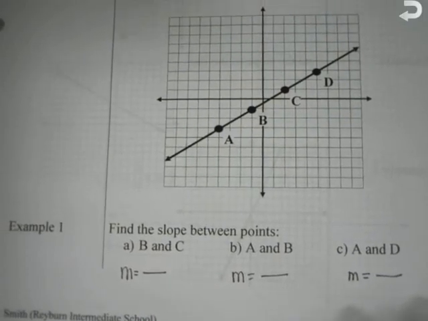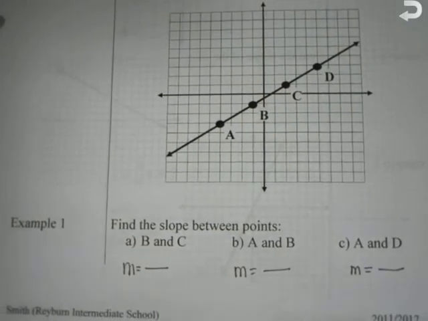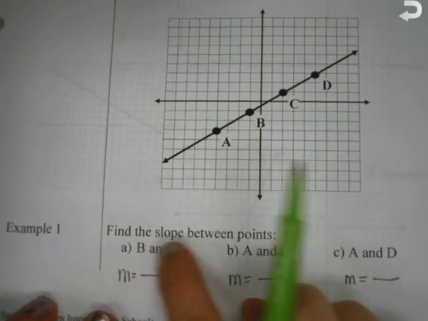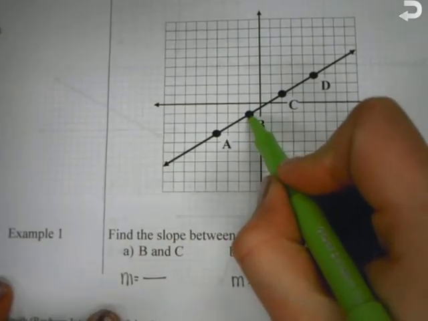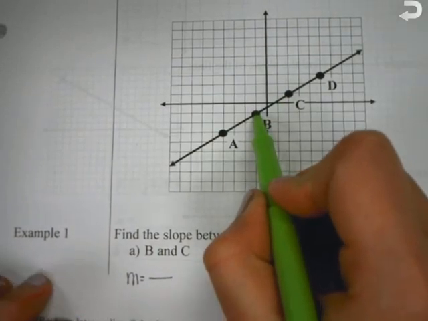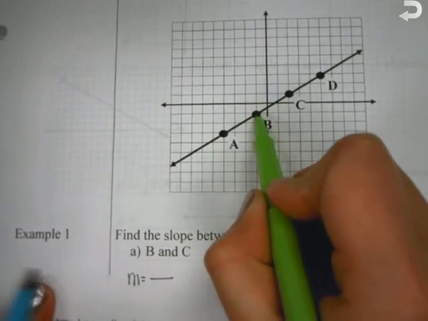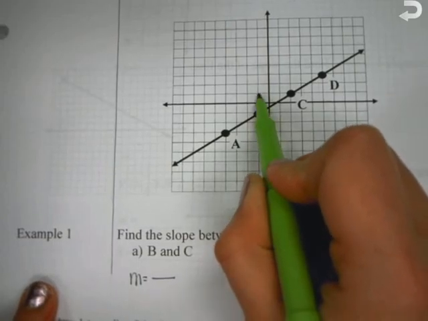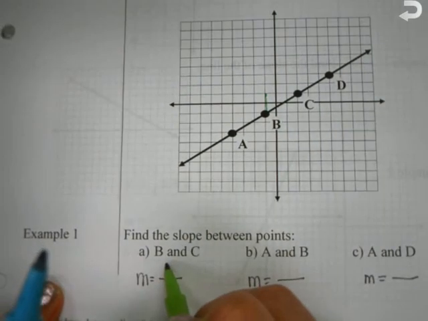The first slope that we want to find is the slope between points B and C. We start at B. C is right here. How many spaces up do I go to get from B to C? 1, 2, right? So that's my rise. I put 2 on top of the fraction.